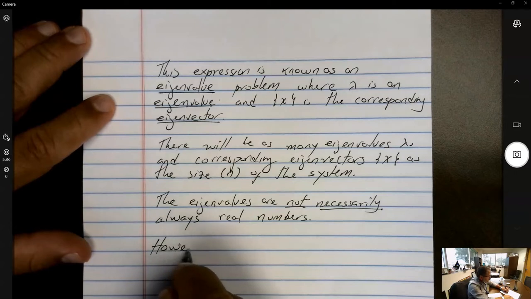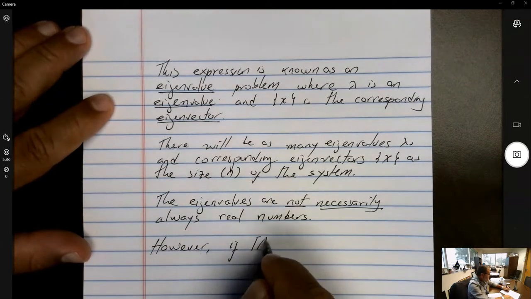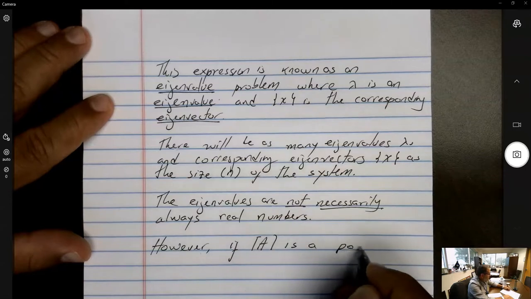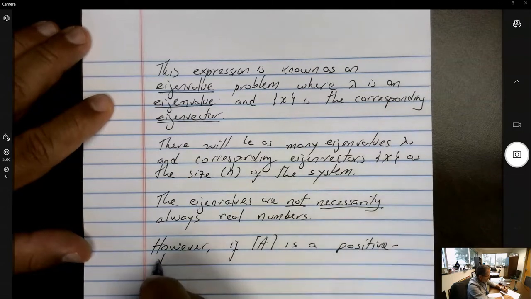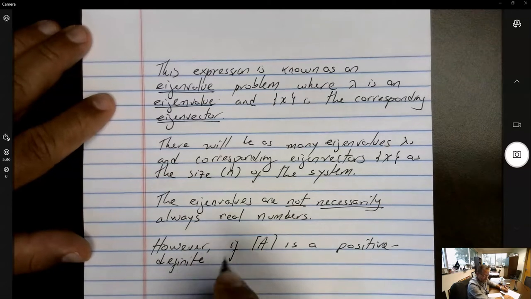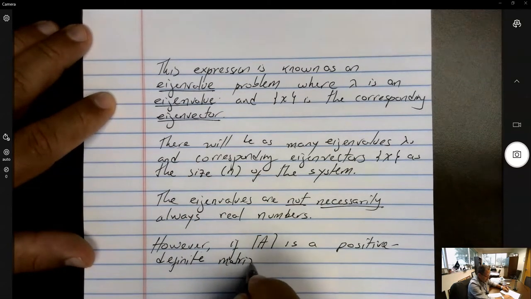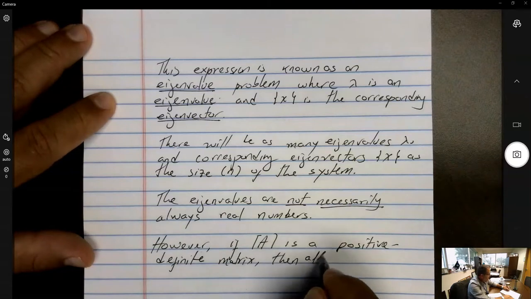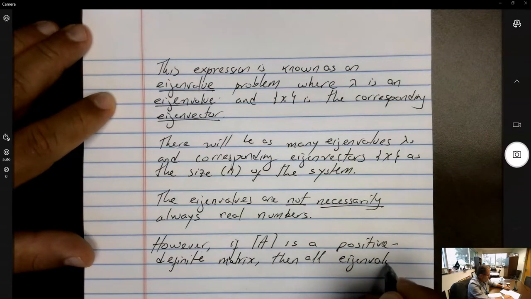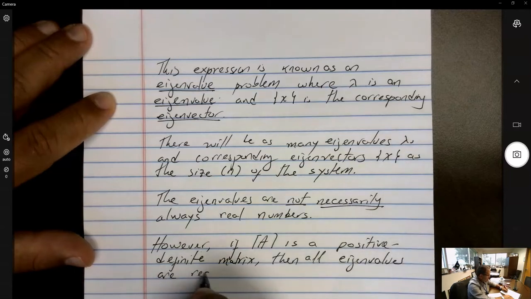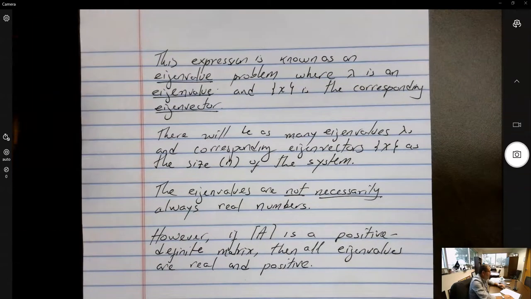However, if A is a positive definite matrix, then all eigenvalues are real and positive. So what is a positive definite matrix? Well, I guess that's a kind of circular definition, because a positive definite matrix is a square matrix for which all eigenvalues are positive and real. So there you go.